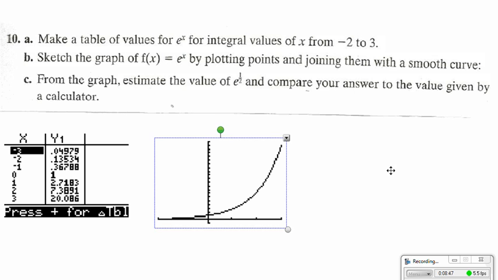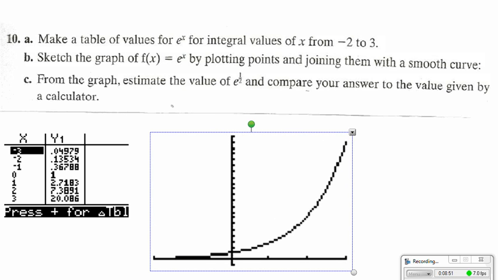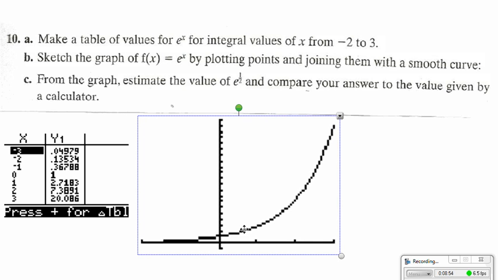All right, so in your case, you can try to do this one by plotting these points on the graph paper.